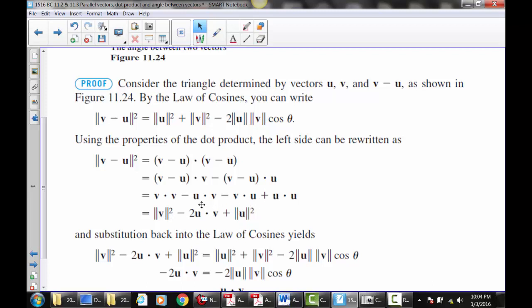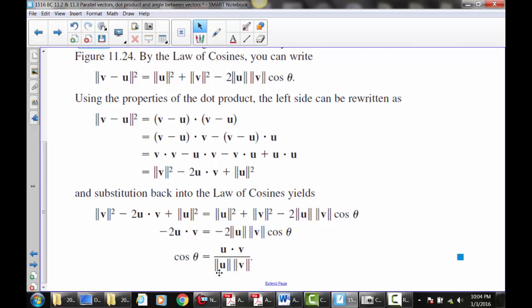Same thing here, and then there's minus 2 of these because that is commutative. Now we go back and we know that this left side is equal to this quantity, so let's replace the left side by that quantity we just found, and that's equal to the right side, and then you just move things around and you'll come up with that answer.